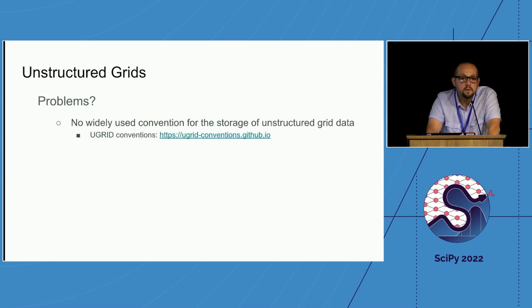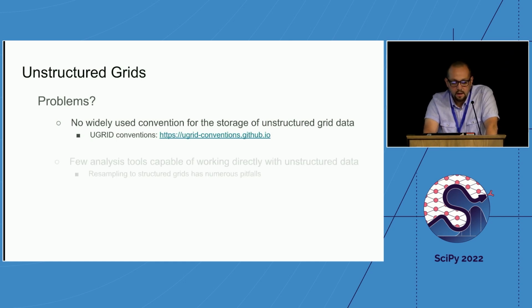But with that power, there are also some problems. First of all, even though there are the UGRID conventions in unstructured grid research, there are no widely used implementations to realize the UGRID convention or any other convention for the storage of unstructured grids in the Python ecosystem.